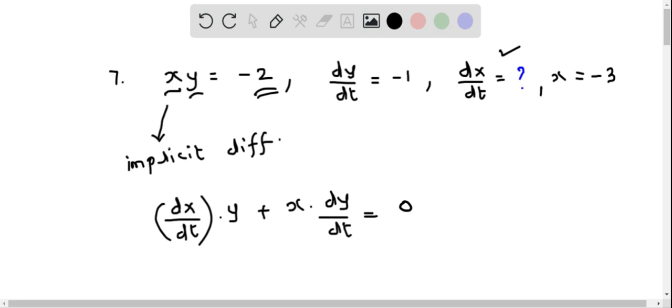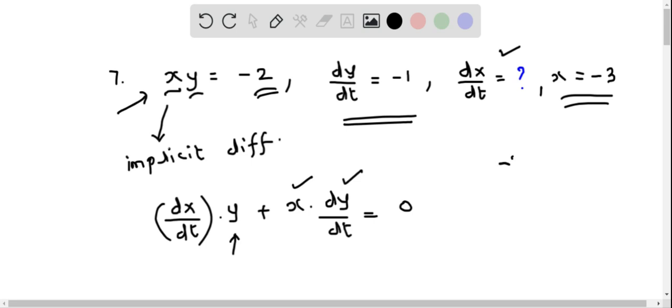Now let's put the values which are given. We know that dy by dt is negative 1. So we can plug in for dy by dt, and x is also given as negative 3. But since y is not given specifically, we can determine y by plugging in x equals negative 3 into the given equation.